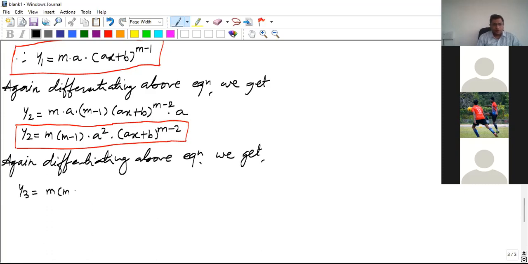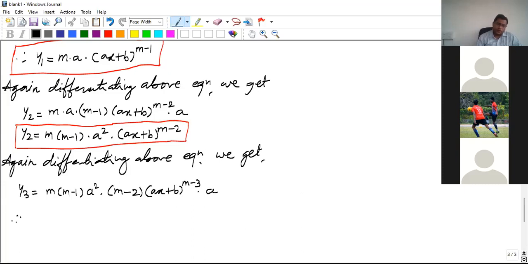Now m into m minus 1, and we have this a square. Here we will get m minus 2, then we have (ax plus b) raised to m minus 3, and we will have a here.